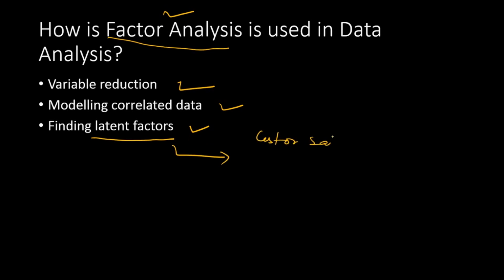Customer satisfaction is something that cannot be seen, but it is hidden in some factors. Factor analysis will be able to find out the hidden factors by grouping a number of variables. In a certain way, it groups variables or attributes and gives the hidden factor.